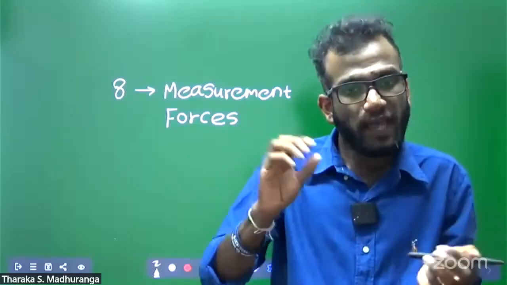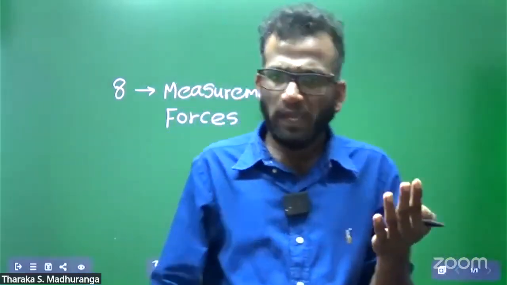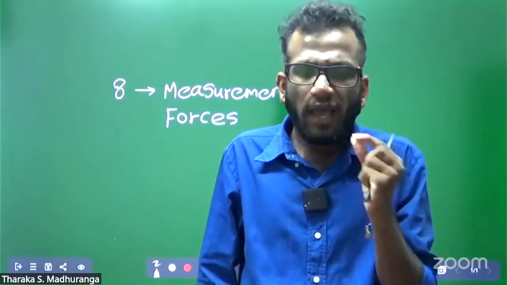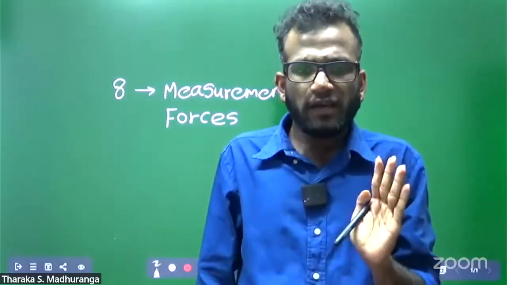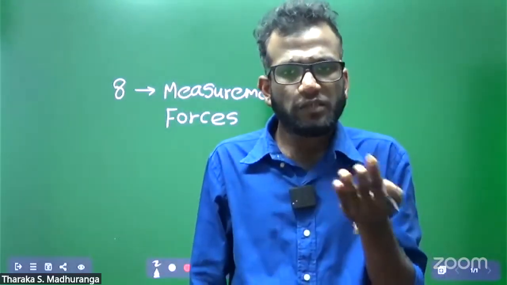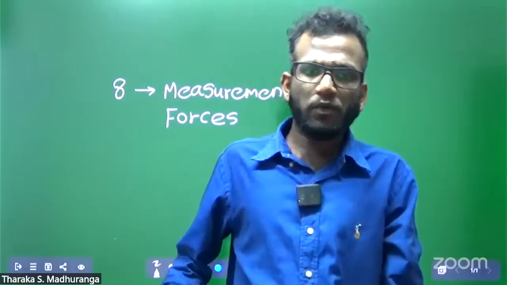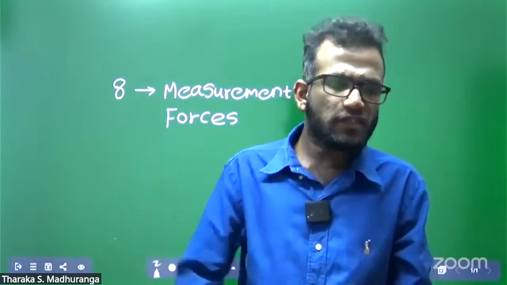Normally I think it is 30 or 32 pages. Yes, it is a little bit of a large lesson, but it is not difficult. Some parts of the forces lesson you actually did at O-level also: force equilibrium, resultant force, force resolution, everything.